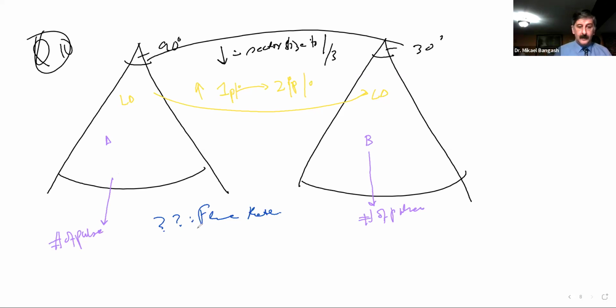Based on that, how will that affect our frame rate? We had a sector size of 90 degrees, where there was just 1 pulse per degree angle. So in this case, what's going to be the total number of pulses in this frame? It's going to be 90 pulses per frame.